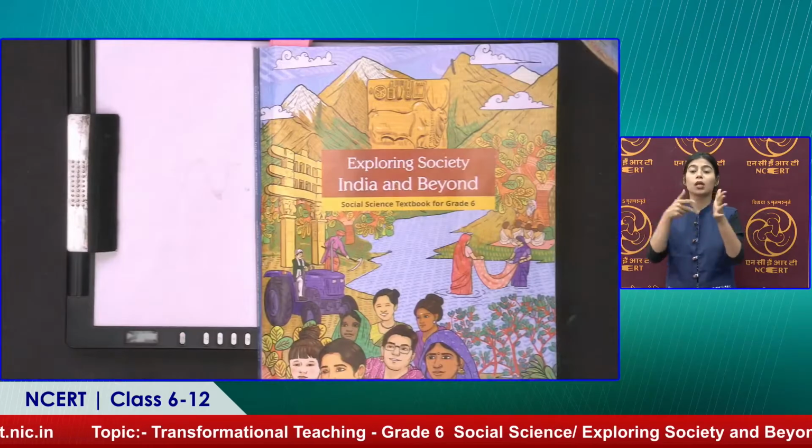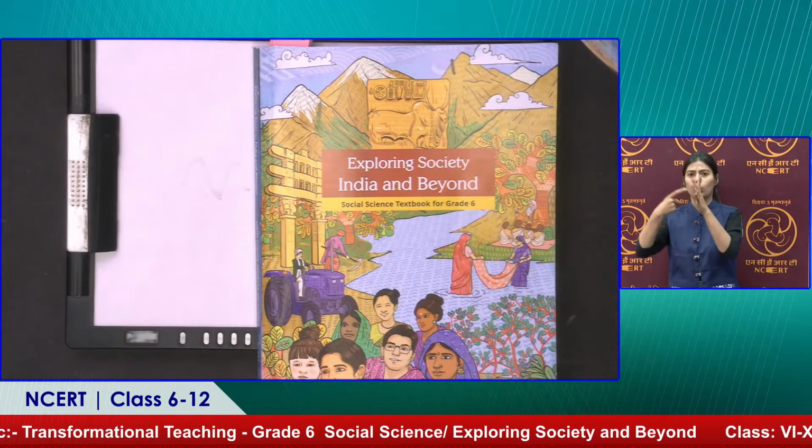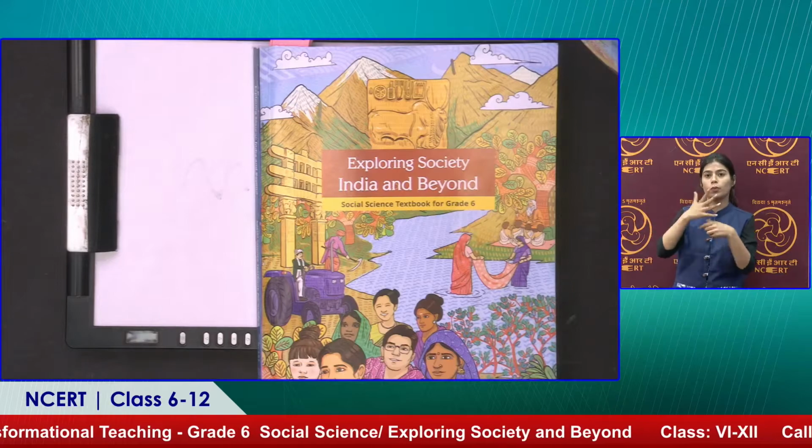The disciplines can come in class 9 onwards. Keeping this in view, this book uses an interdisciplinary approach. We will discuss more about this approach. So the first issue is that we are not going into the disciplines. That's why the book title is Exploring Society: India and Beyond. The non-disciplinary approach is the new thing as far as this book is concerned.